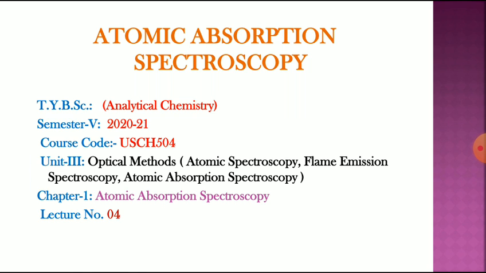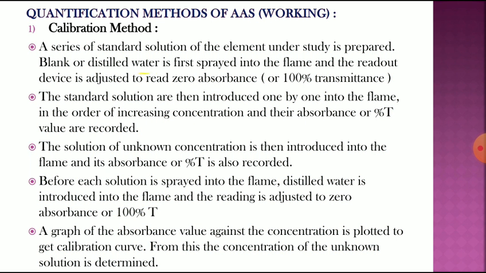Blank or distilled water is first sprayed into the flame and the readout device is adjusted to read zero absorbance or 100% transmittance. After the preparation of the standard solutions, using distilled water or the blank solution, we have to set our device, that means the AAS, to read zero absorbance or 100% transmittance.